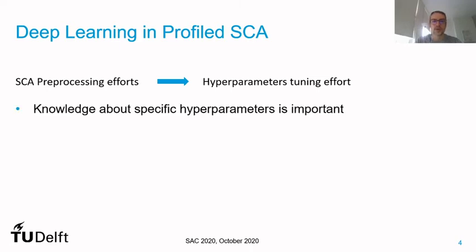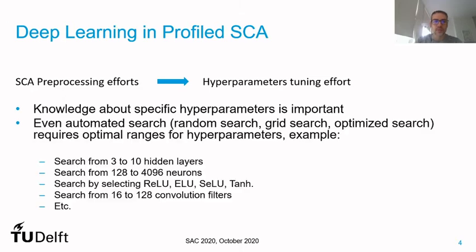To know how to tune your hyperparameters, you need to have knowledge about specific hyperparameters. Even if you're using an automated search, like letting the algorithm decide the best hyperparameters for that attack scenario, in random search, grid search or optimized search, you still need to define ranges for hyperparameters.